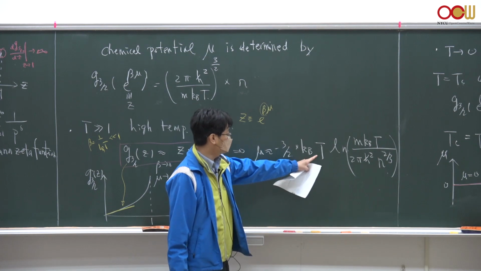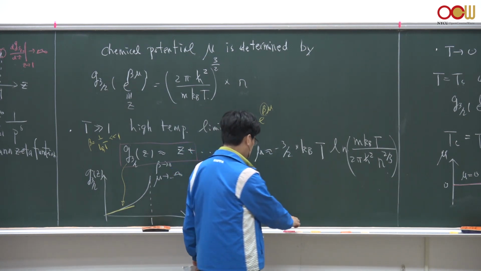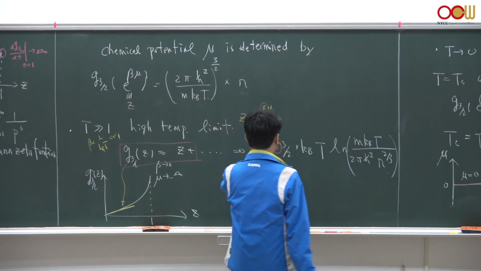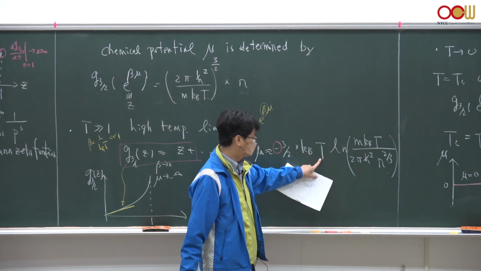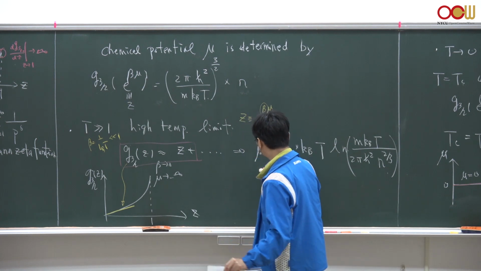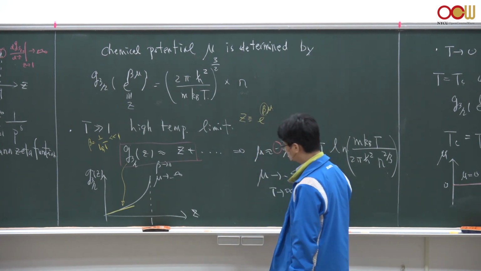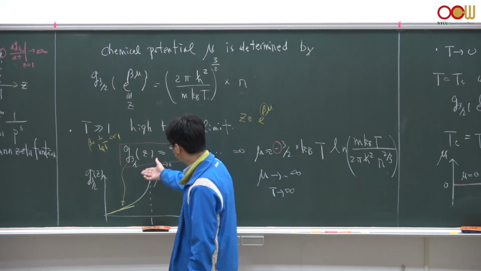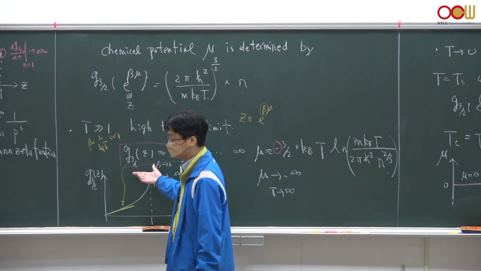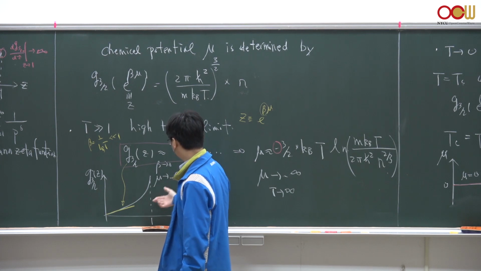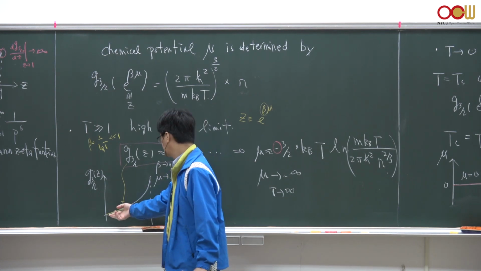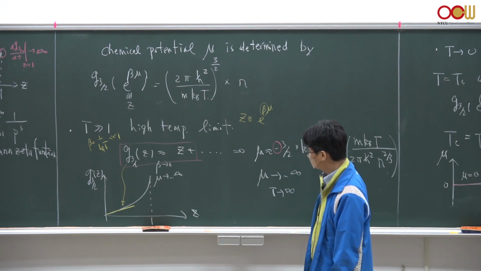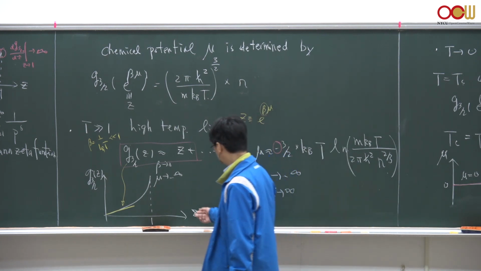As you can see here, the chemical potential is negative, which means that when the temperature is high enough, mu goes to minus infinity. This linear dependence of G3 halves when z is small can be verified from the behavior of the G3 halves function.